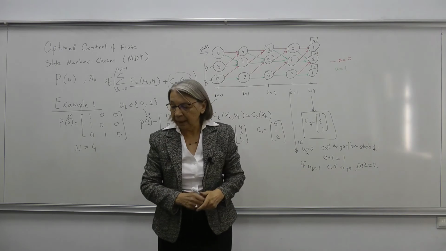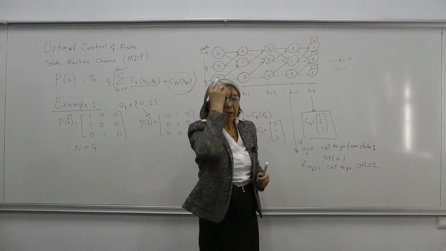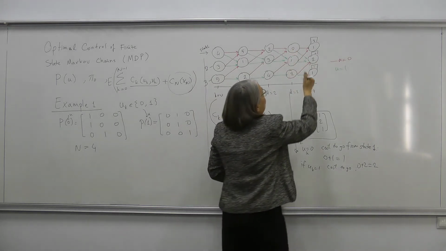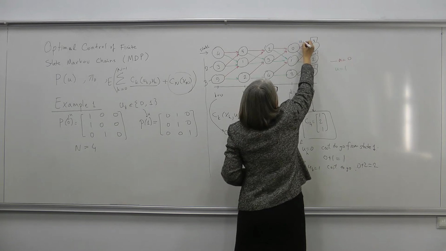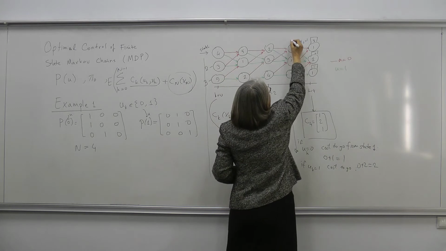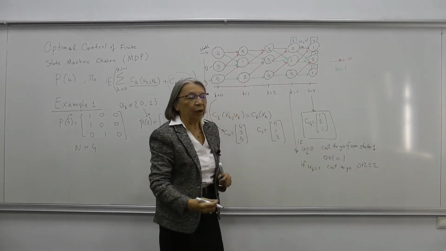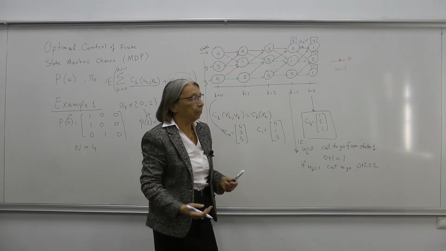So the optimum selection, if we are in state number 1, is to choose this way. That is better, which means that our U3 should be equal to 1, and the overall cost to go is 0 plus 1, which is equal to 1, because the other one will create a cost to go equal to 2, that is larger than 1.